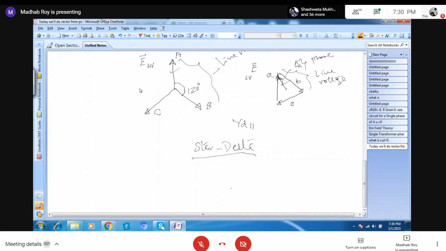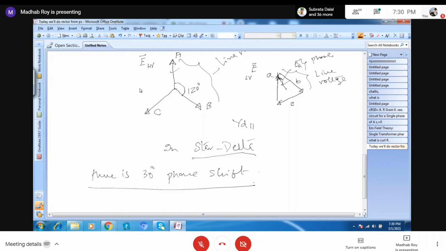So I think they have got it. So here we say that in star delta there is a 30-degree phase shift. Have you observed this?